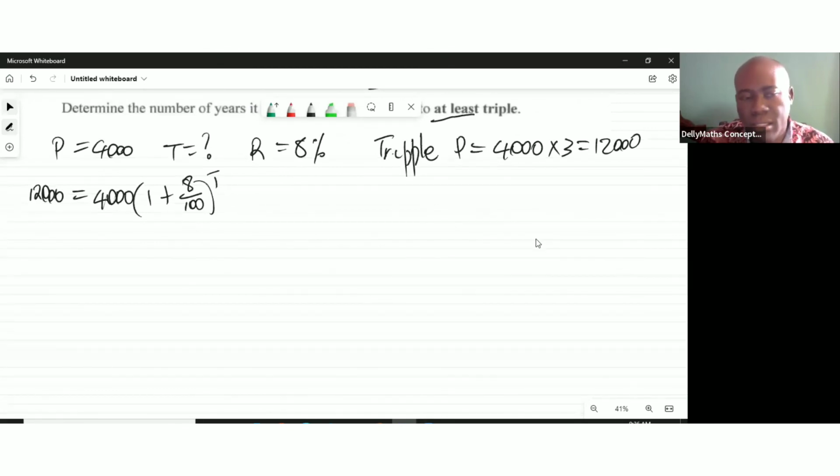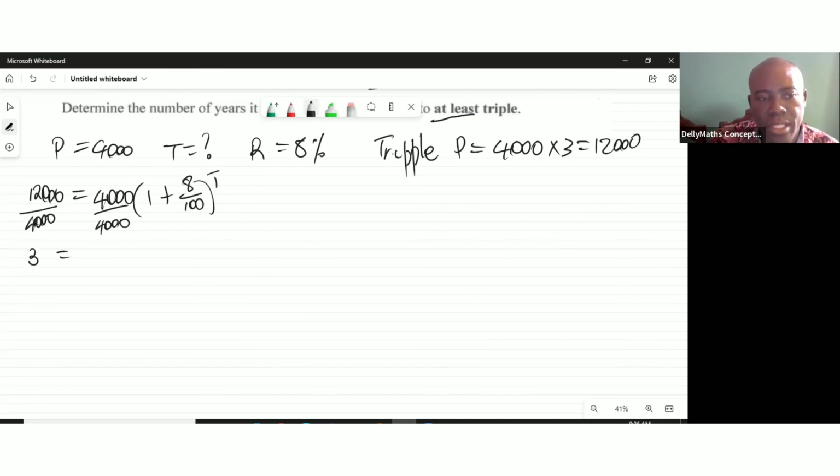Let us take our time and walk ourselves through this. At this time, we could divide this by 4,000. So on the left side I'm looking at 3, which is equal to 1 plus 0.08 raised to the t.